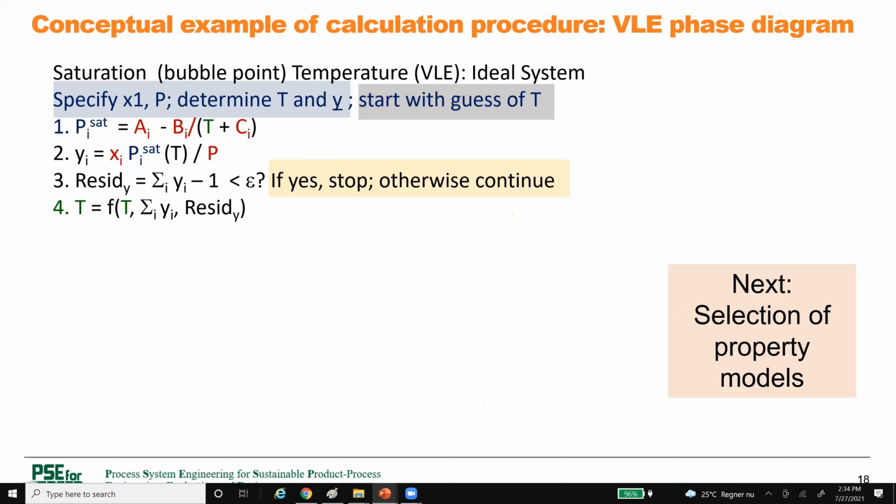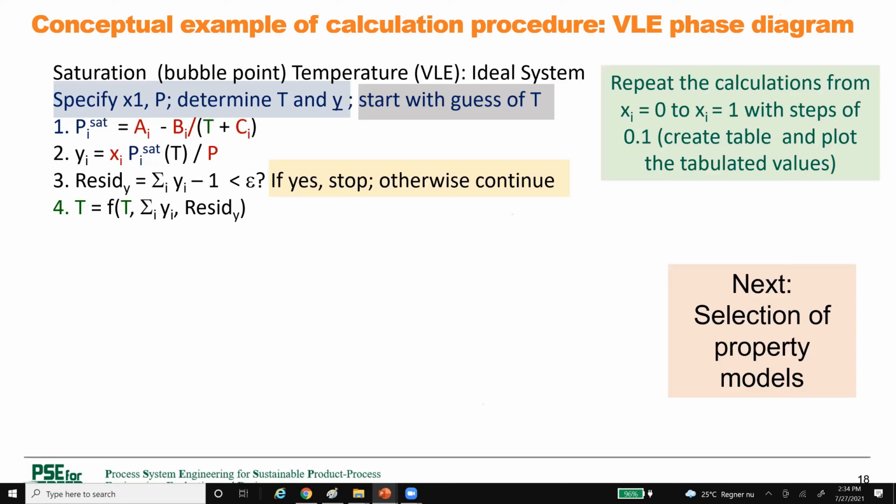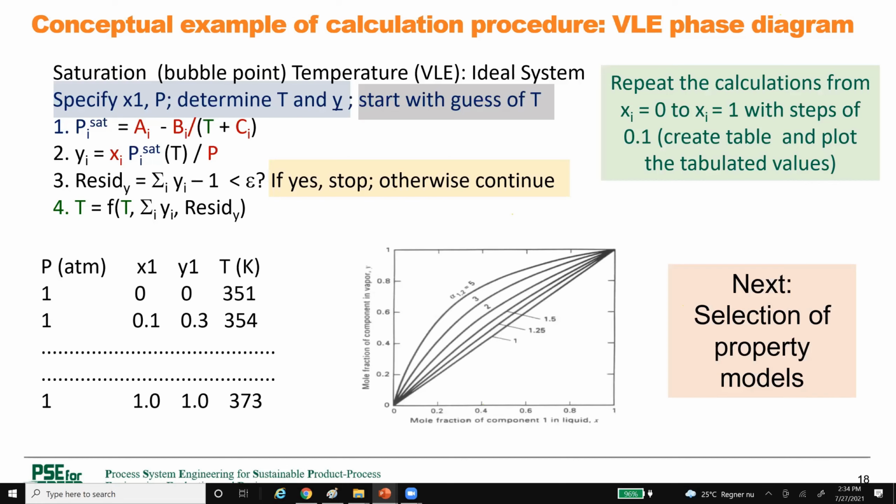If the summation of y is not equal to 1, then we will give a new temperature and repeat. If it is very close to 1, like 10 to the power minus 6, then we stop and start with a new composition. So we repeat the calculations from x equals 0 to x equals 1 with steps of 0.1, and that gives us, you can see, the pressure is fixed and the x composition is changing. For every x composition, we get a different temperature and a different y composition.